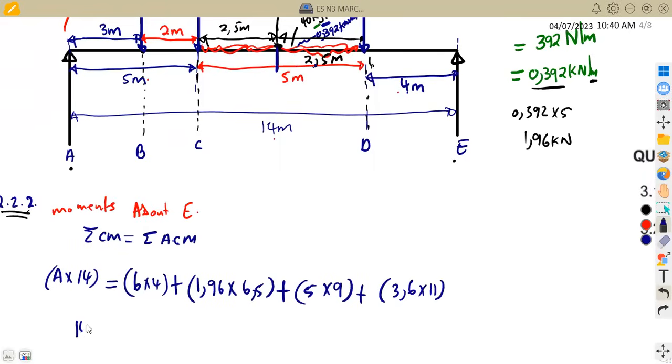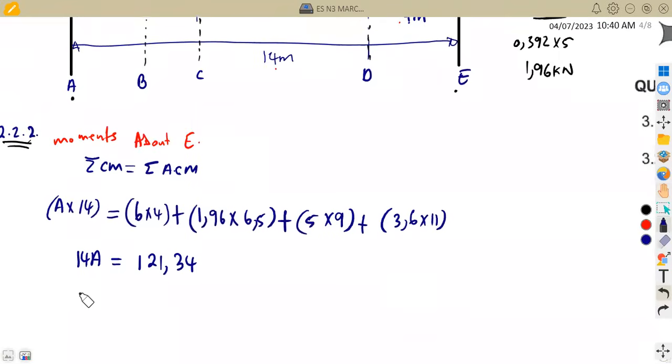We're going to combine, which is 14A is equal to, so if you combine everything properly on your calculator, you're going to obtain 121.34 in this case, which you can divide by 14 both sides now to obtain the exact value of A. So our A was going to give us 8.667142, which is 8.667 in kilonewton.